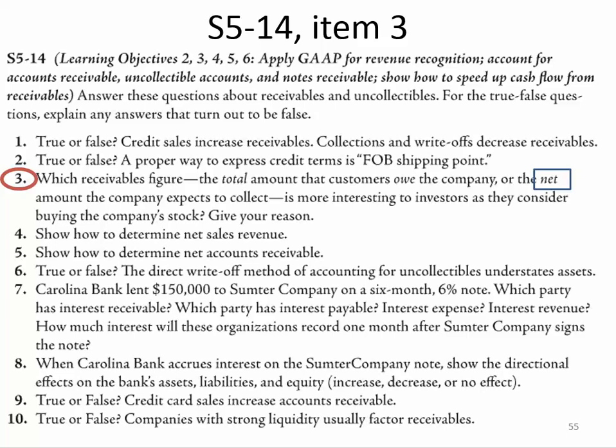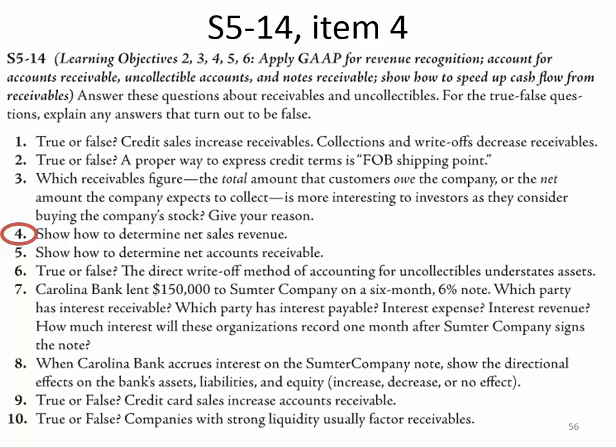The net amount is the more interesting figure because that is how much the company actually expects to collect. The total amount is everything. So as an investor, I would be more concerned with the net amount, how much they really will collect.